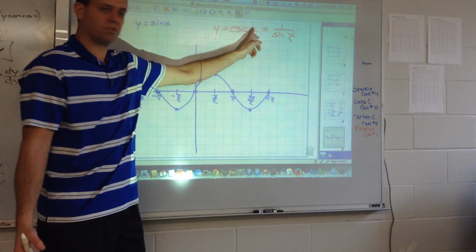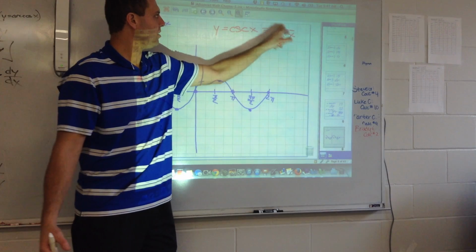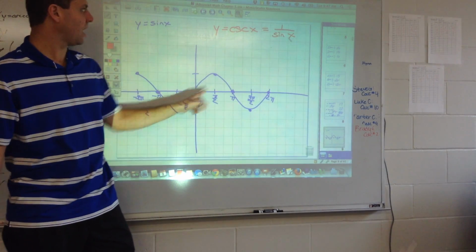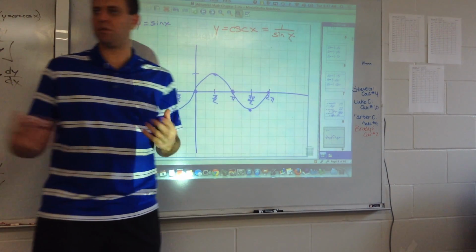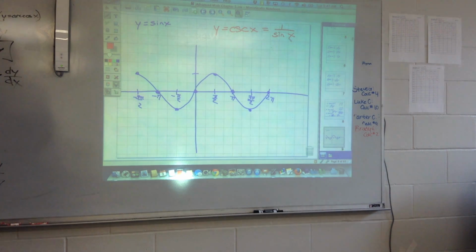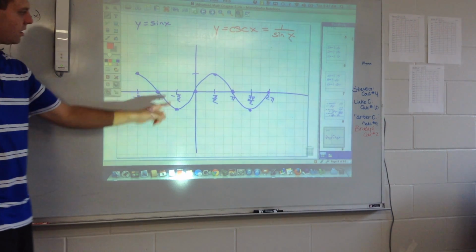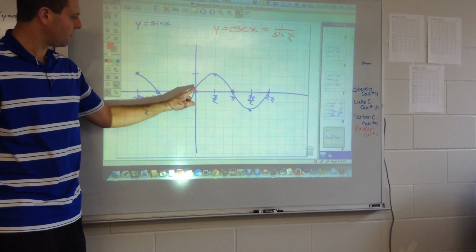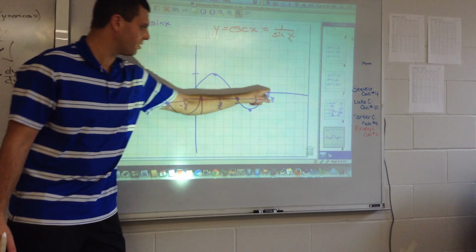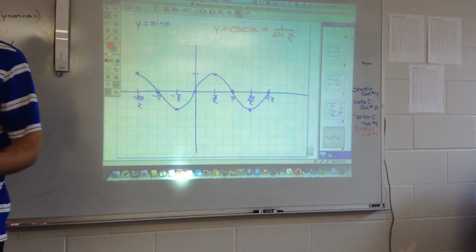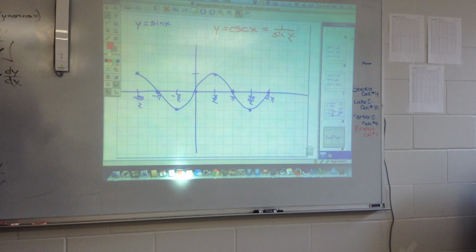The cosecant of 0 would be 1 divided by the sine of 0. Well, the sine of 0 is 0, and 1 divided by 0 is undefined. Because cosecant is undefined everywhere where sine is 0, in order to graph cosecant, you're going to draw asymptotes there.